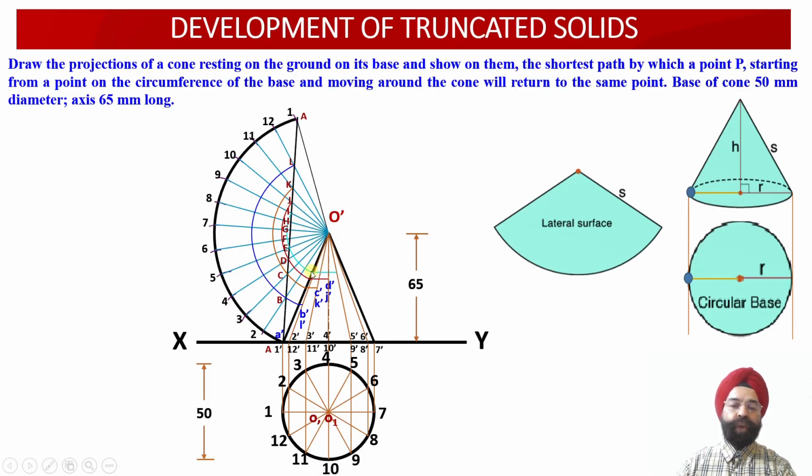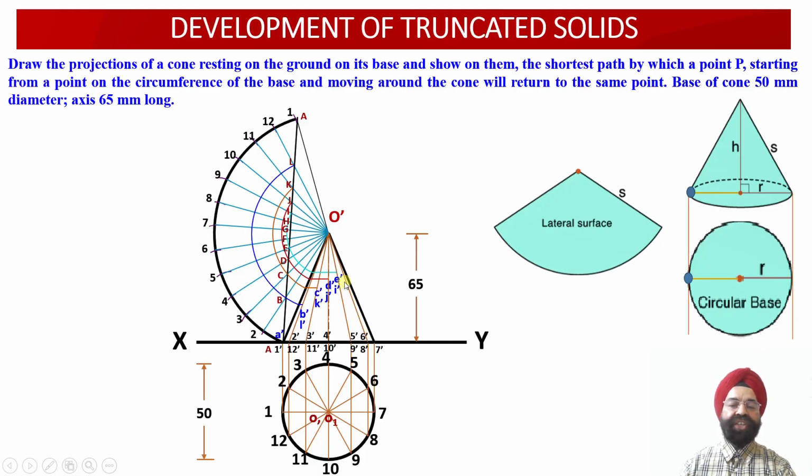Now from this true length points E' and I', a horizontal projector will be drawn onto the apparent length of the slant generators O-5' and O-9', so that the 2 points of intersections E' and I' can be obtained over here.